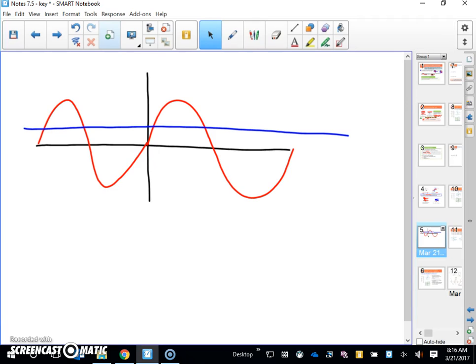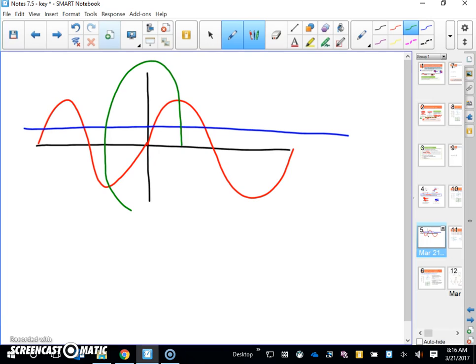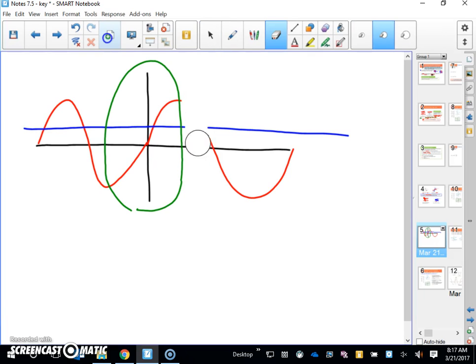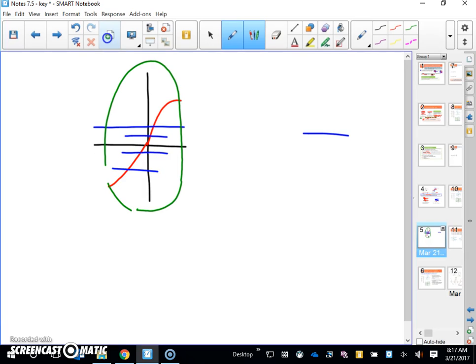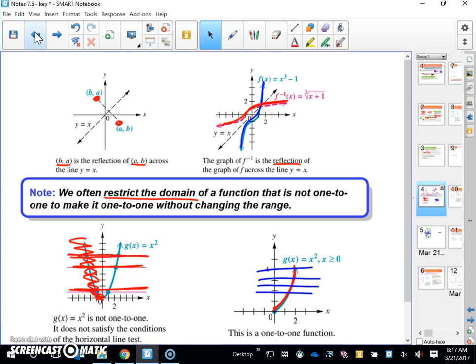Except what we're going to do is restrict the domain, and basically only look at a part of the graph like that. Now it is one-to-one, and that part is going to have an inverse, and we're going to be able to deal with that. So that's what that slide was saying. We're going to have to restrict the domain.